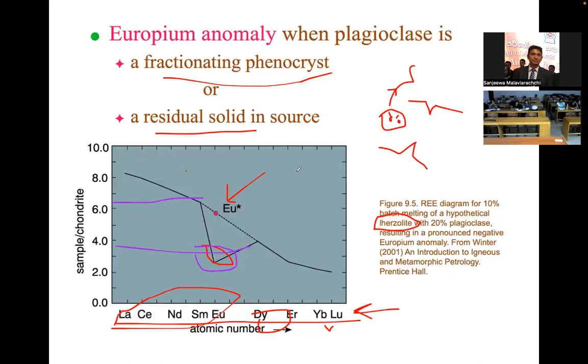That means in your diagram, if you see very strong peak, negative or positive like that, so that means it's a strong depletion or strong enrichment, strong negative or strong positive anomaly. But if you see something like this, it's a kind of not very strong or moderate. Sometimes you might see very slight depletion like this also, right?